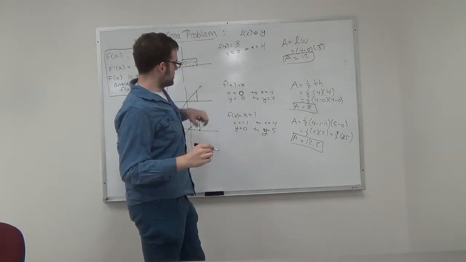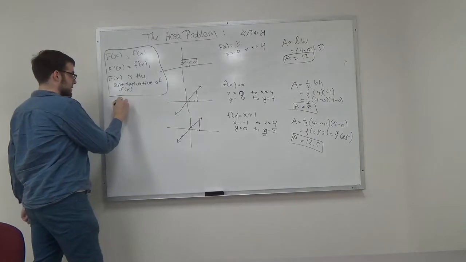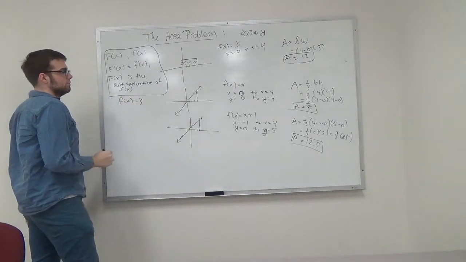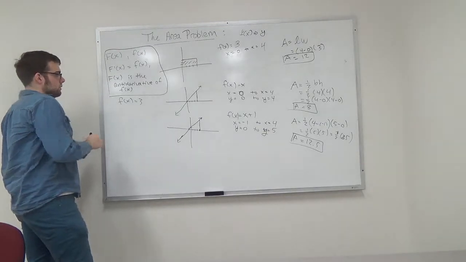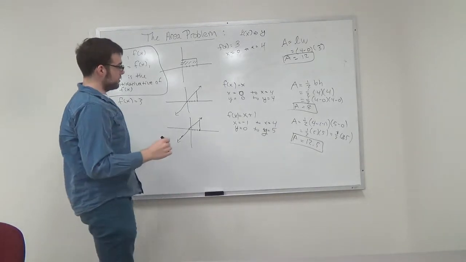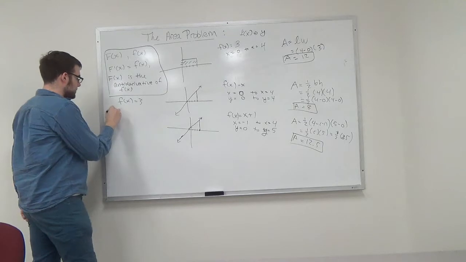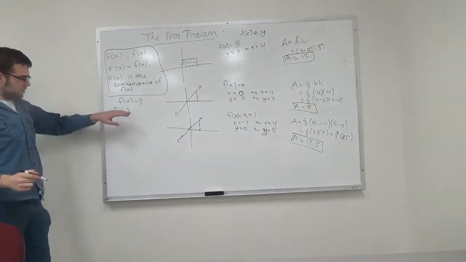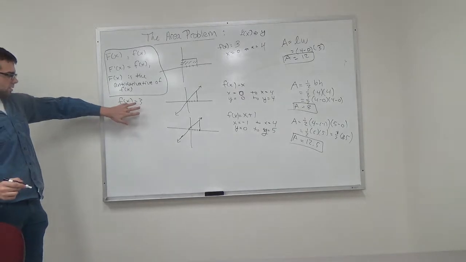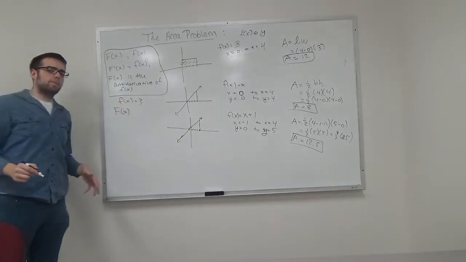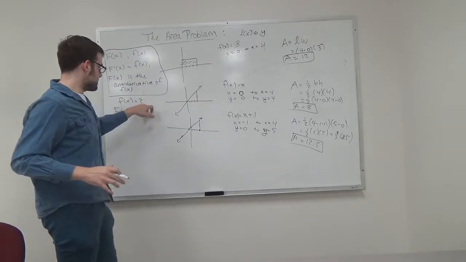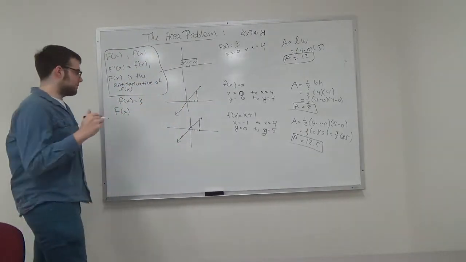We first start off with f of x is equal to 3. So we want to find some antiderivative. We start off with looking at f of x is equal to 3, and we want to think of some function where 3 is the derivative of that function.